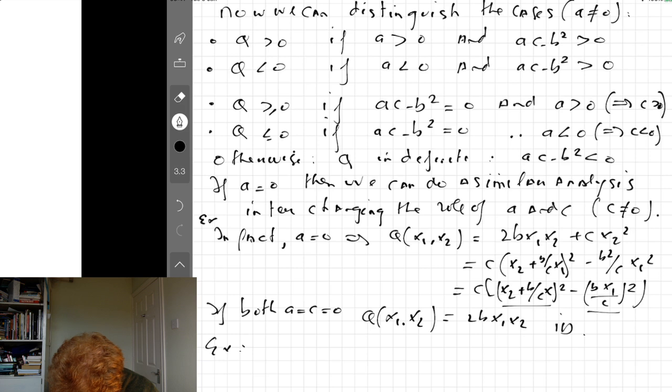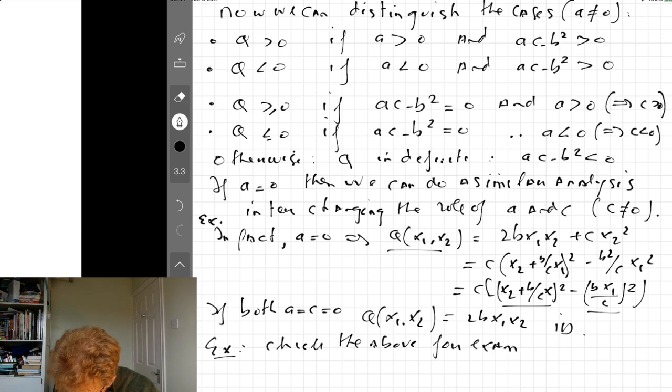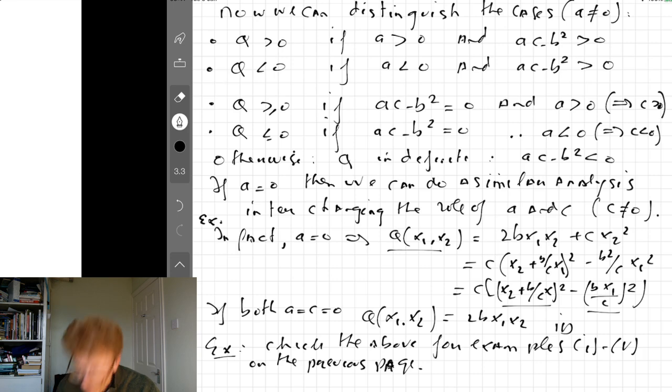This is an exercise: continue what cases you get for this case, and the next exercise is check the above analysis for the examples 1 to 5 on the previous page.